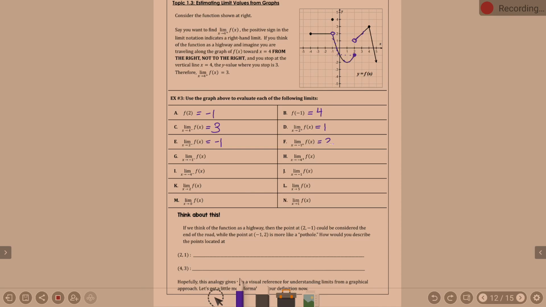You can approach holes. Okay? The limit as x approaches -1 from the left. 2. Also 2? Because we're approaching the same point just from the other piece of the graph.